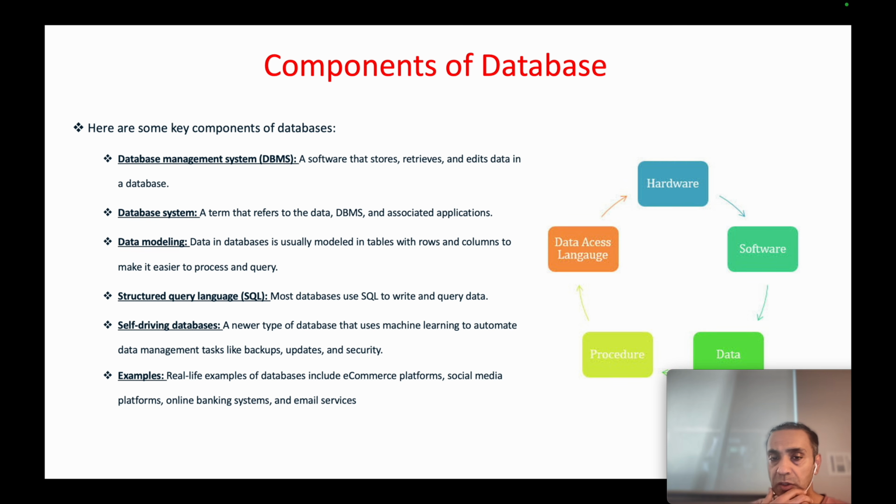Once they're initiated, they do some tasks on your database automatically using the code that you write in your machine learning model. Some real-life examples of databases include e-commerce platforms, social media platforms, online banking systems, email services, time series data in fintech, healthcare, or even supply chain. All of that data is stored in a database.